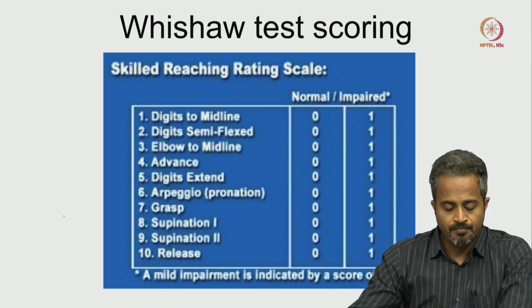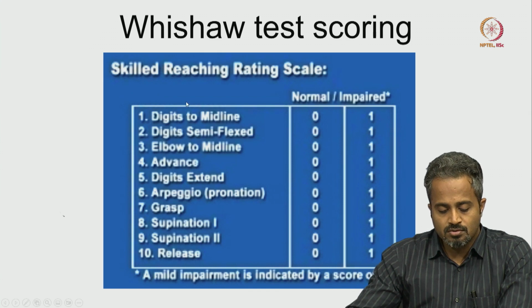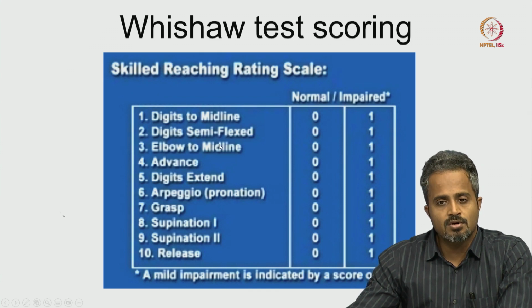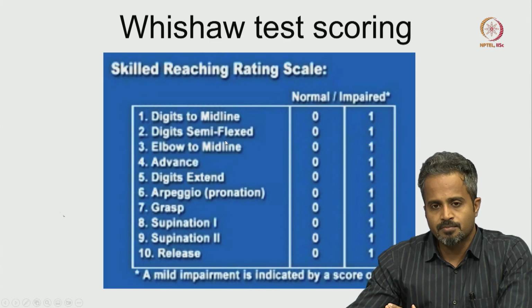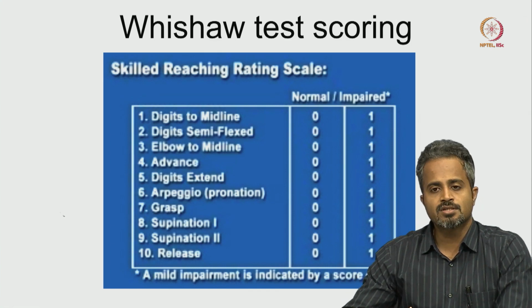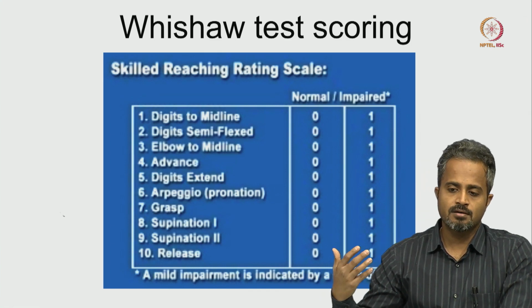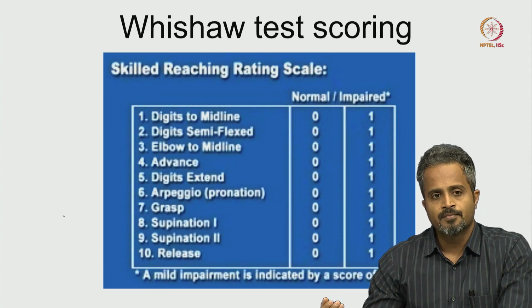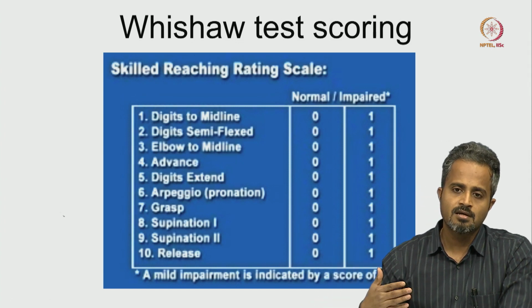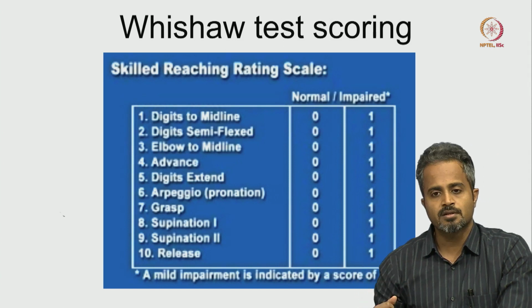All right, so let's see how these 10 different steps look, and this is just an example. It may not be just the Whishaw test; it may be even a lever press task, or a task where the head is fixed and there is a rotating disc where the rat is grabbing the food pellet.